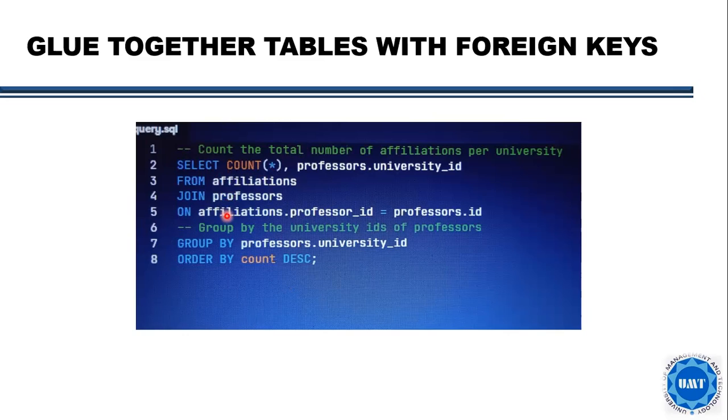Table 1 is affiliations, table 2 is professors, and the common thing in both tables is professor ID; in the second table, professors, there is the same thing as id. And we're going to group by professors.university_id using count, in descending order.